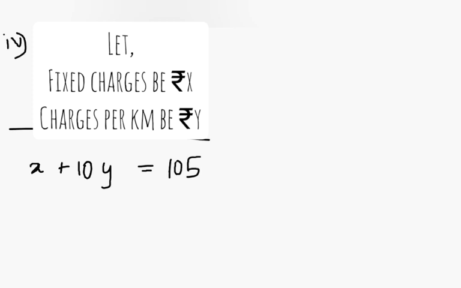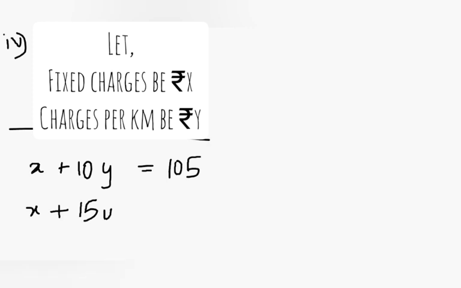Second part is, for a journey of 15 kilometers he paid rupees 155. So since here also fixed charges are always present, as the name suggests, fixed charges are always added to the question. Don't ever forget about it, and if you are not focused you will forget to write the x 100%. Now next is, how much distance did he travel?